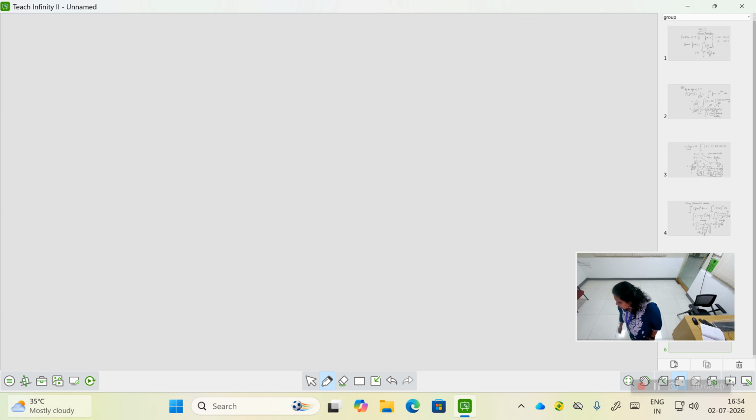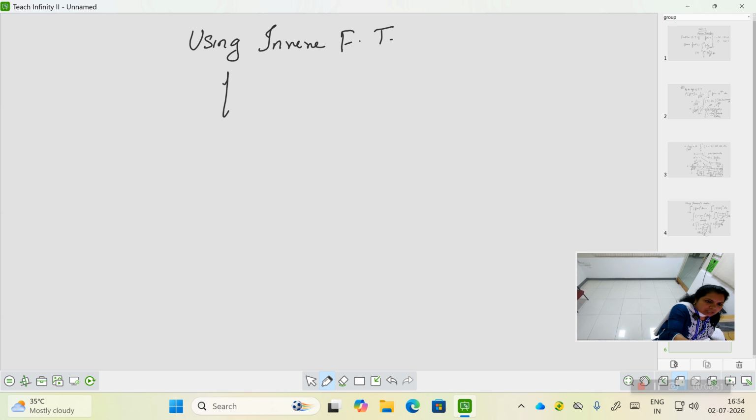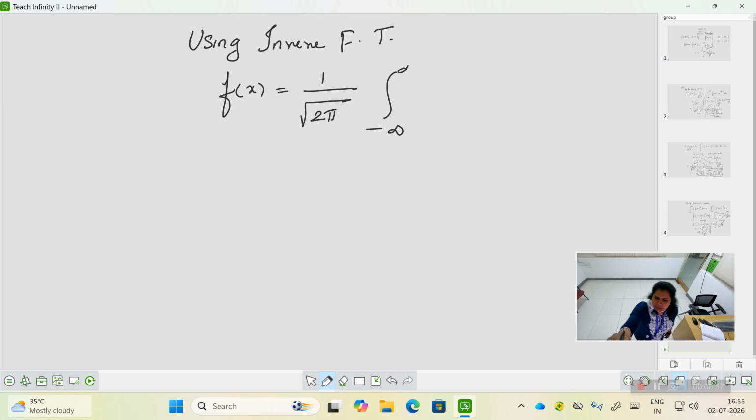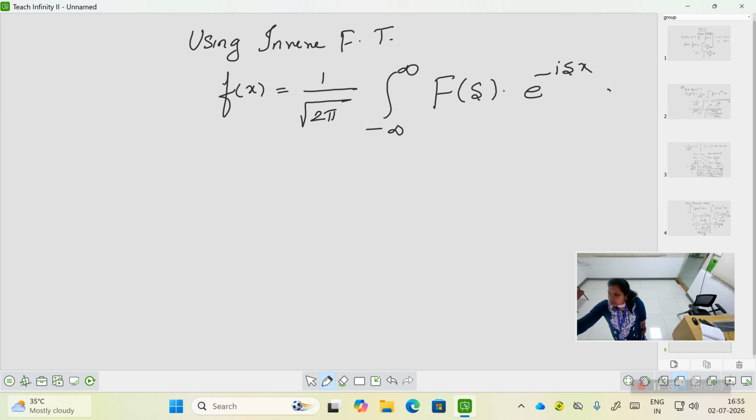Now we have to find the next subdivision. So you have to apply the inverse Fourier transform. What is the formula? f of x is 1 by root of 2 pi, integral from minus infinity to plus infinity of f of s e power minus isx ds.